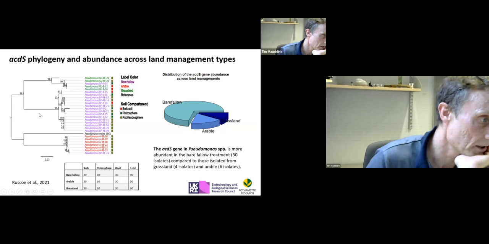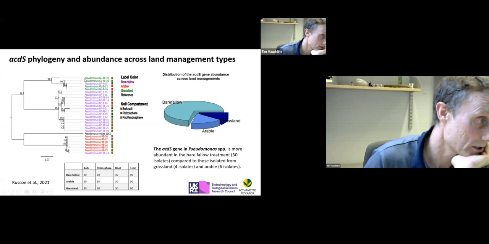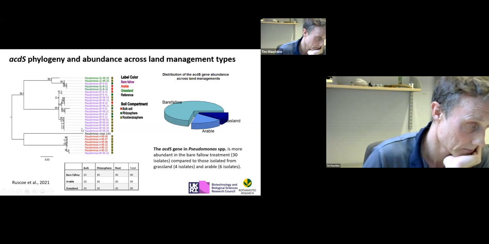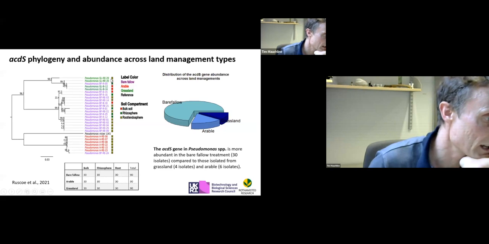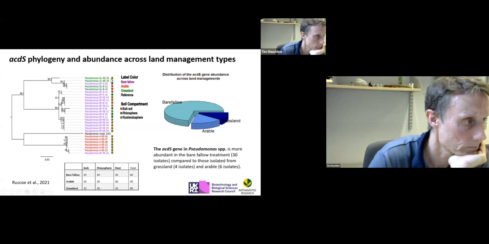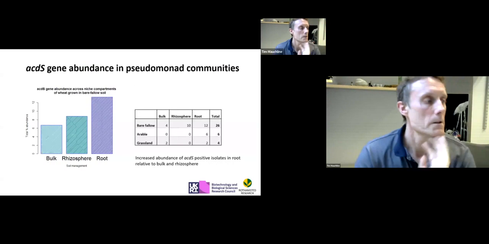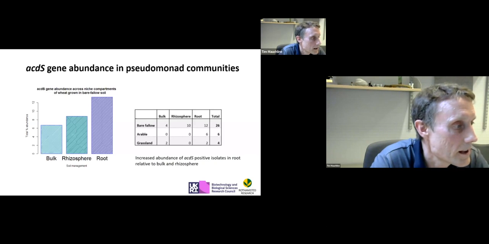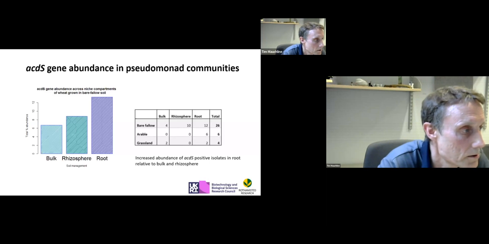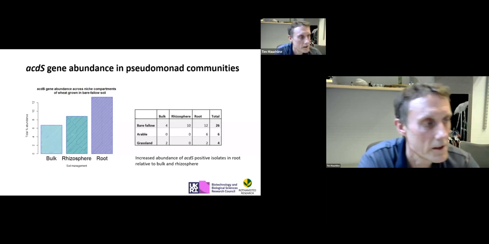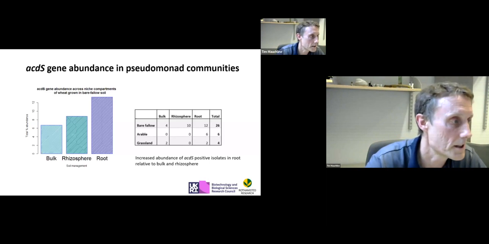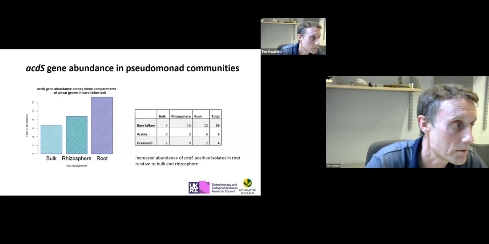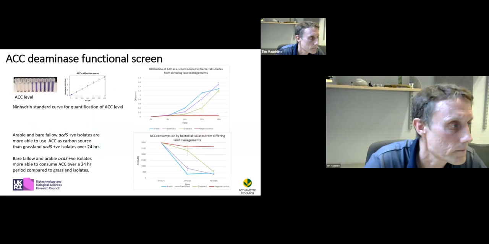We could also see some phylogenetic differences according to where the isolates originated from. Just to reiterate, we found that there were fewer in the bulk soil, and as you get closer to the plant itself, the abundance increased in isolates which housed the ACDS gene.